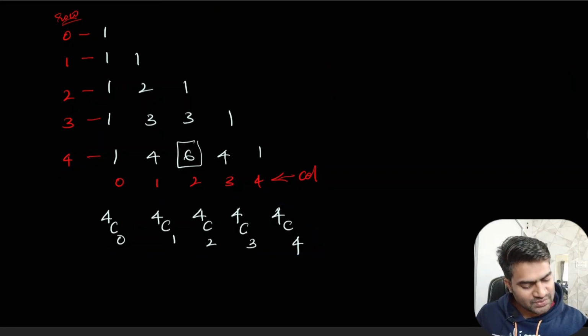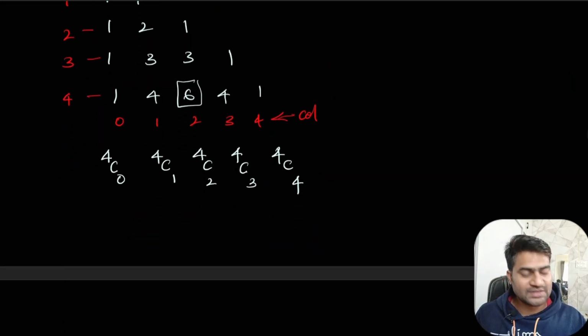Now I will try to expand using the formula I mentioned. So basically it is 4C0, which is 1, correct, right? Any value combined with 0 will give only 1, and 4C4 will give us 1, correct, right? So let us see that later, but first value would be 1.